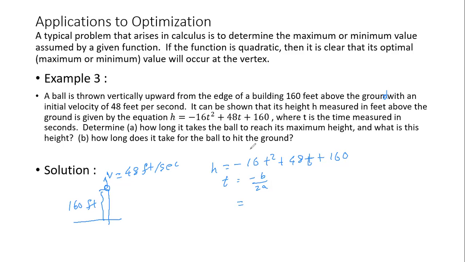This is a, b, c. Negative b is 48 divided by 2 times a, which is negative 16. 16 times 1, 16 times 3, negative divided by negative is positive. Therefore, this is 3 over 2.